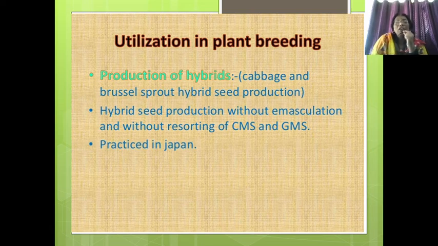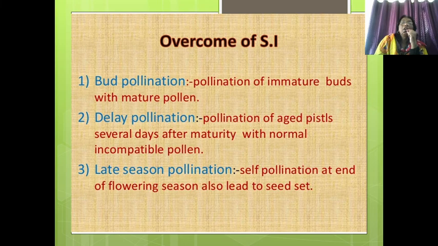It is useful in cabbage as well as Brussels sprout hybrid seed production. Then hybrid seed production without emasculation and without restoring CMS and GMS is practiced in Japan.